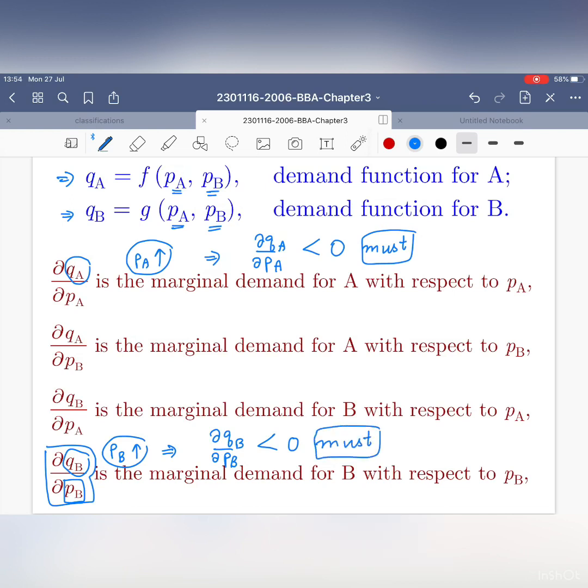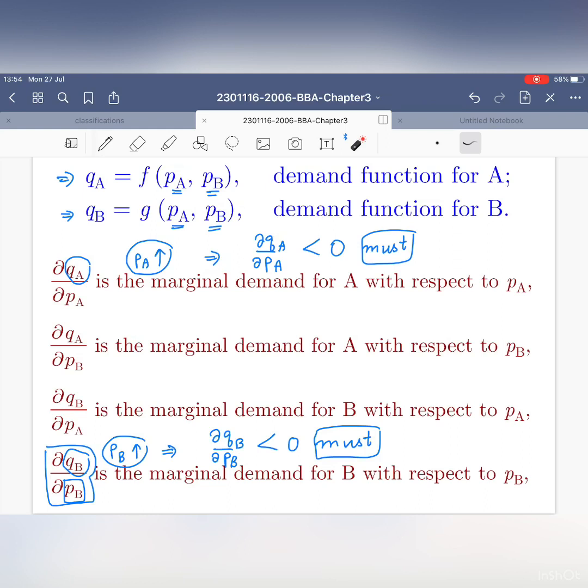So this is a must as well. So if you find dQA with respect to the price A and you get something other than negative, then you may have the wrong calculation, or you may have the wrong demand function. The rate of change of the demand with respect to the price B must be negative.